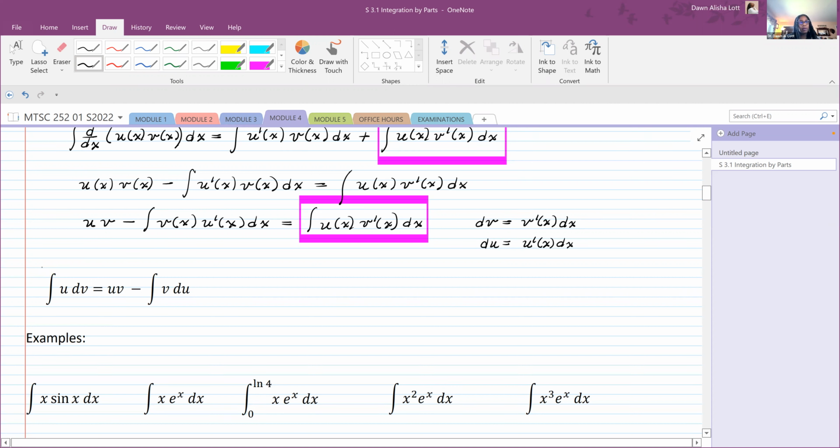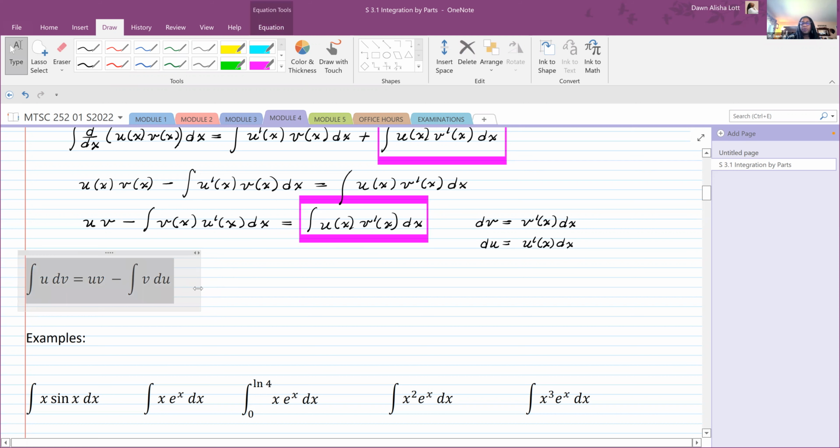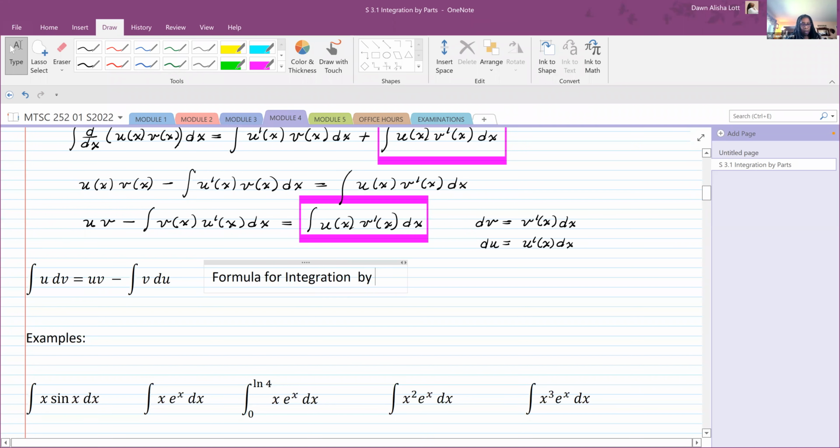And so here is my formula for integration by parts. So this is the integration by parts formula. And all you need to do is make the substitution.